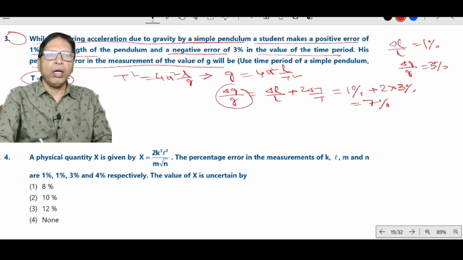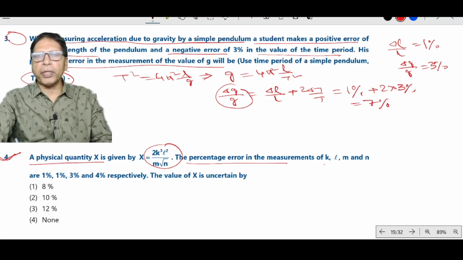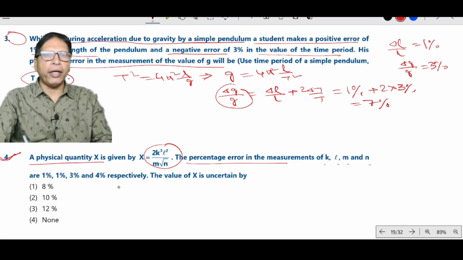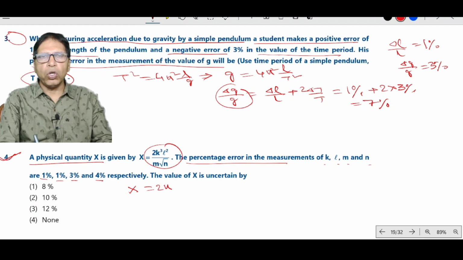Okay, now look at question number 4. A physical quantity x is given by this expression. The percentage errors of k, l, m, n are 1%, 1%, 3% and 4%. So look at this equation. You can write x equals k cube l square divided by m into n to the power half.